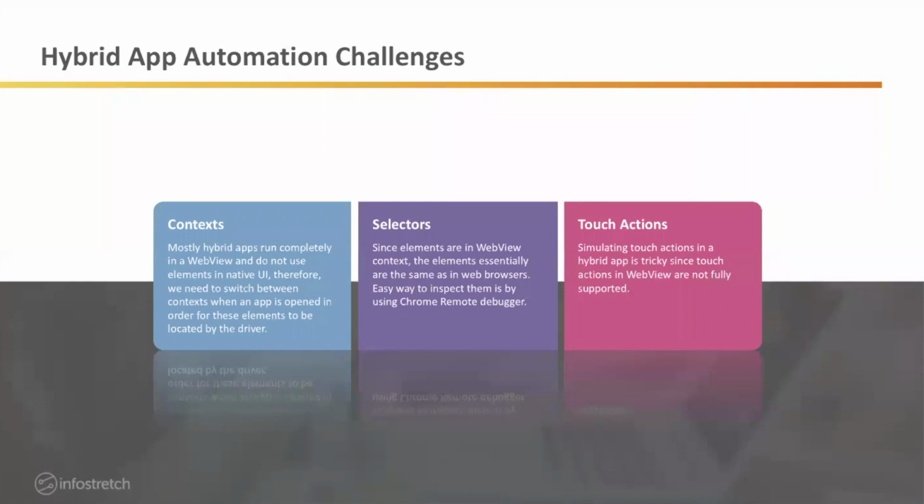Therefore, we need to switch the context from native to web view in order to access the elements inside the web view. Once you launch your application, and there is a web view control in it, and you want to perform some actions against the web view element, there is a concept called context. Using that context, you need to switch from native to web view.